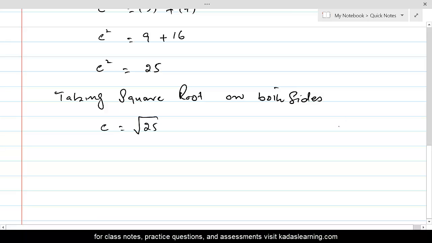If you want to do square root by factorization, we know that 5 and 5 are 2 factors. So C would be equal to 5 times 5, one pair, and out of this pair, C would be equal to 5.